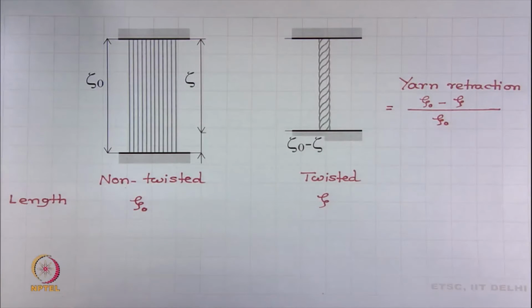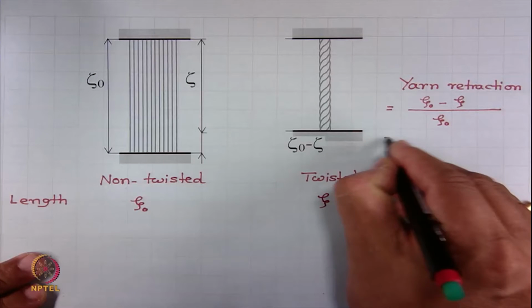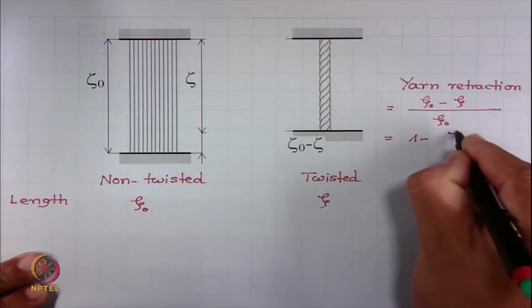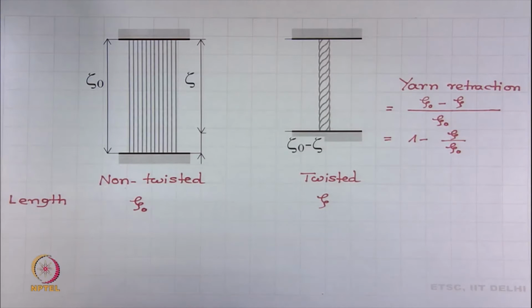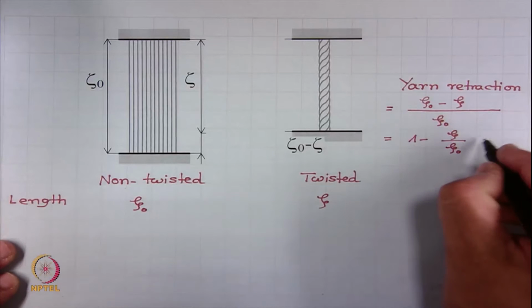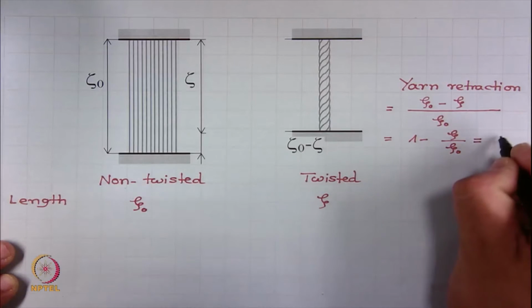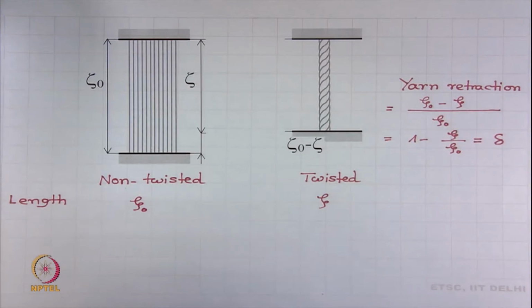Zeta naught. So, if we simplify, we obtain this expression. Let us use the symbol delta to denote yarn retraction.